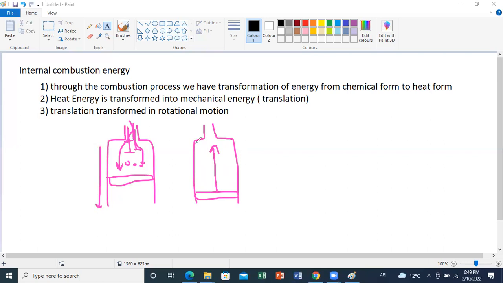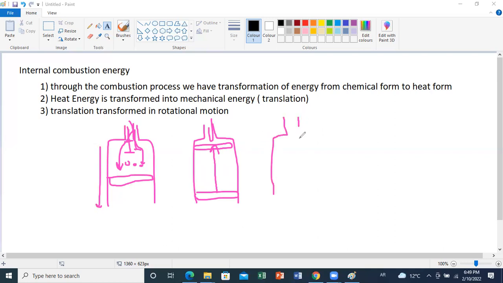When your piston is nearly at the high level, its maximum level, you produce a spark ignition to initiate combustion. Now the third phase is under the effect of combustion.